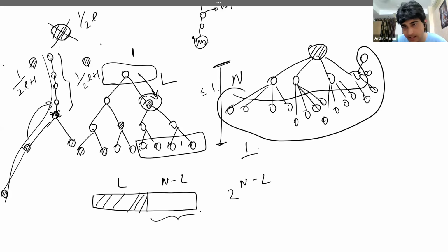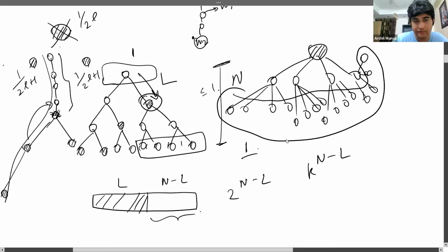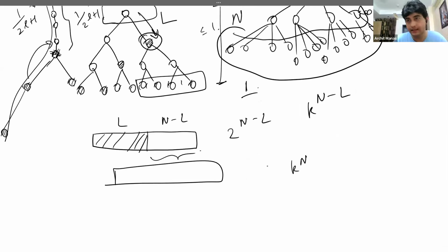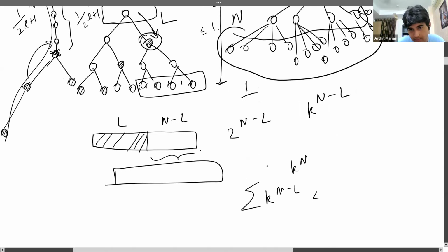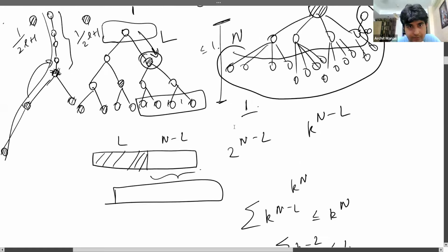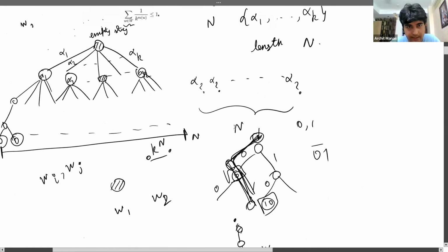And so the total number of ways in a general setting is k to the n minus L. And since the total number of these leaves is k to the n, because there's k to the n length strings from the alphabet, that tells you that this sum is at most k to the n, and so at most 1. And now you'll see the connection with why those arguments work, of choosing things randomly.